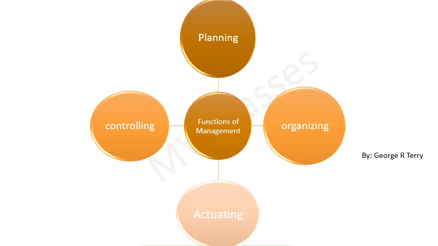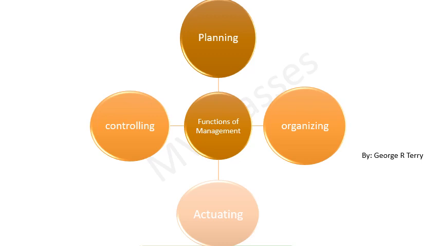So planning is the same as all the authors are saying: it is an intellectual process, continuous, and never-ending, because managers are always planning, and planning is mainly to decide in advance what should be done. So what to do, when to do, where to do, how to do, and how to evaluate the results, all that can be included in planning.